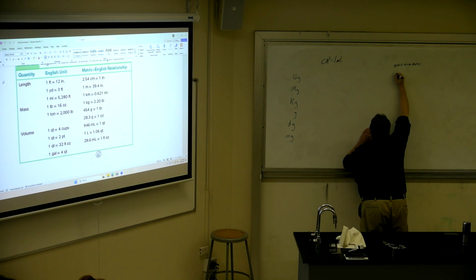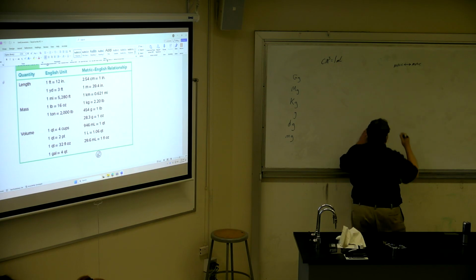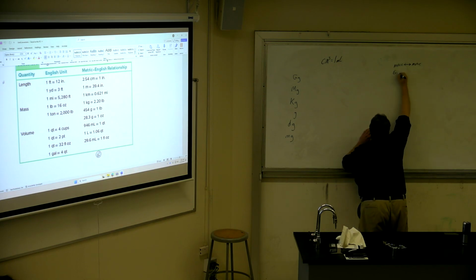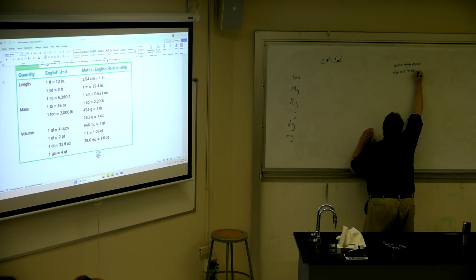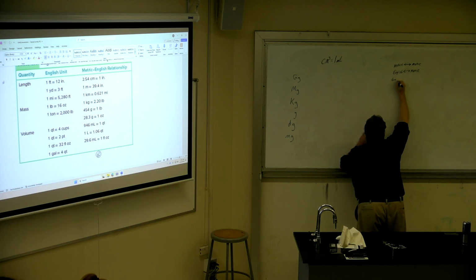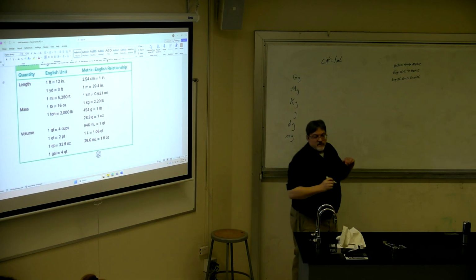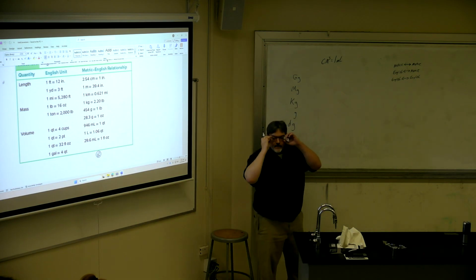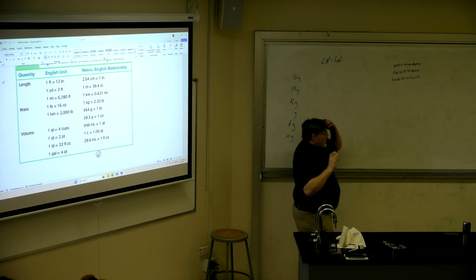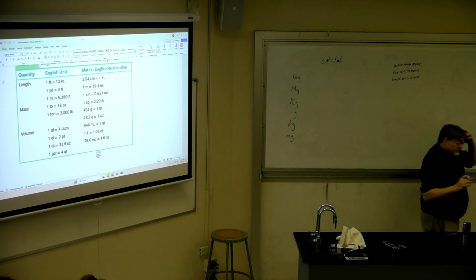You might be converting between, your book calls these English units, so I'll just say, you might be converting between English and metric. And the only other possibility is converting between English to English. Three different possibilities. You see that?